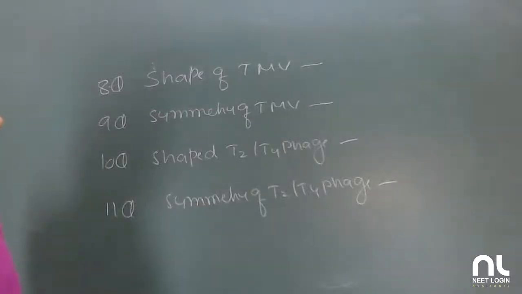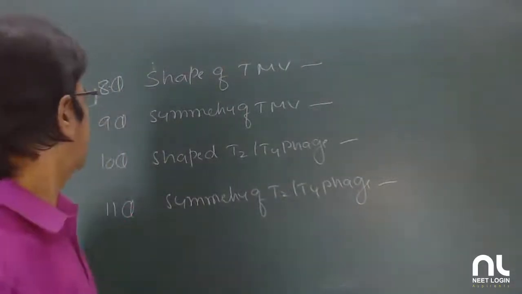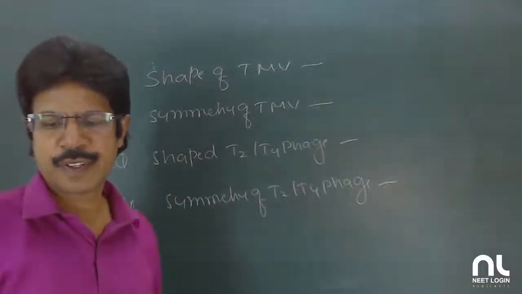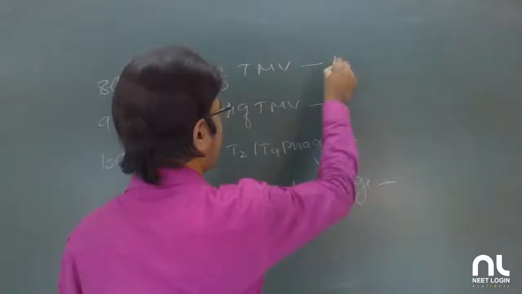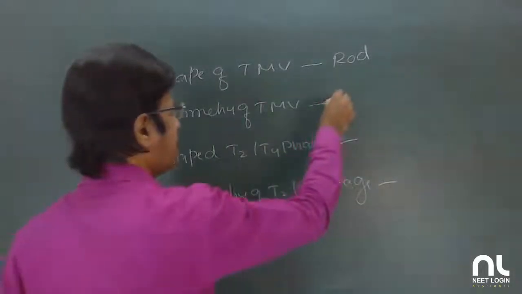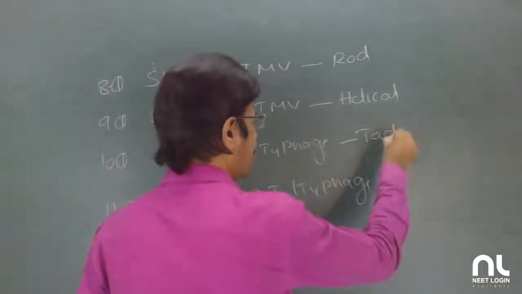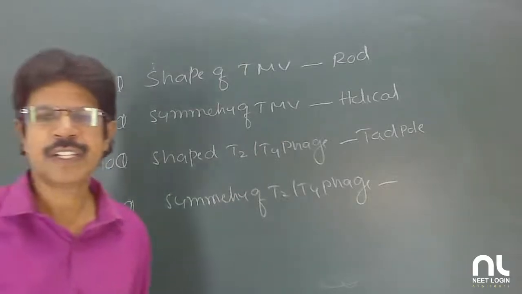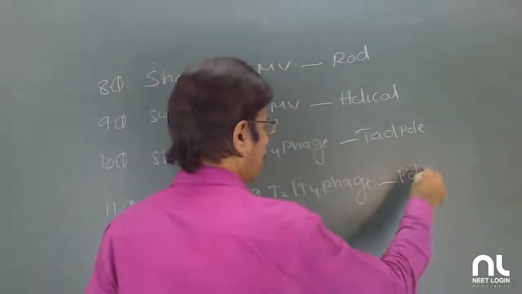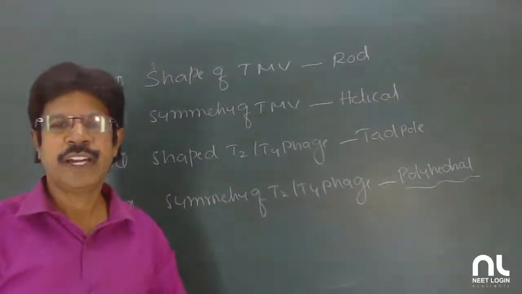Shape of TMV is rod shape, symmetry is helical. Shape of T2 phage is tadpole, symmetry is polyhedral. The bacteriophages have polyhedral symmetry.